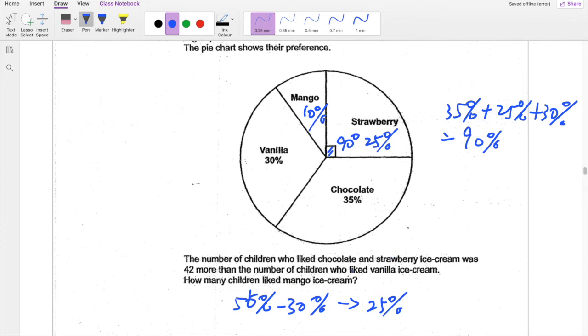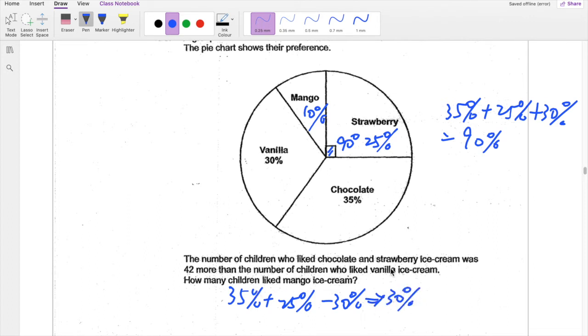Oh, it's wrong. So we see here the strawberry and chocolate is 60%, right? 35%, 25%. It is more than the number for vanilla, which is 30%, so the difference is 30%.